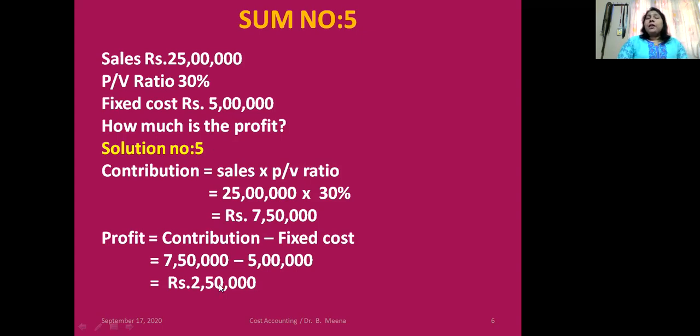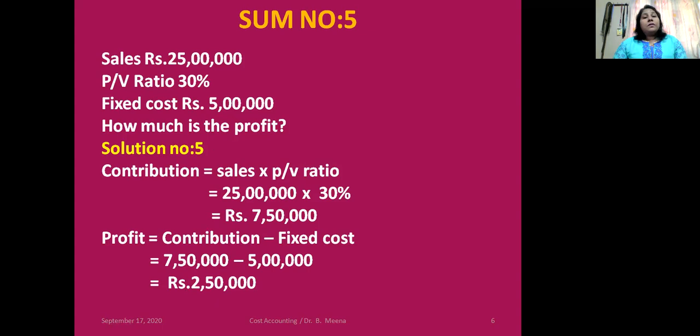So again, I'm telling you, under the marginal costing technique, for the problems that you are going to work out, apply your presence of mind. Have the marginal cost statement always. The marginal cost statement is sales minus variable cost, that gives contribution; minus fixed cost, that gives profit or loss.